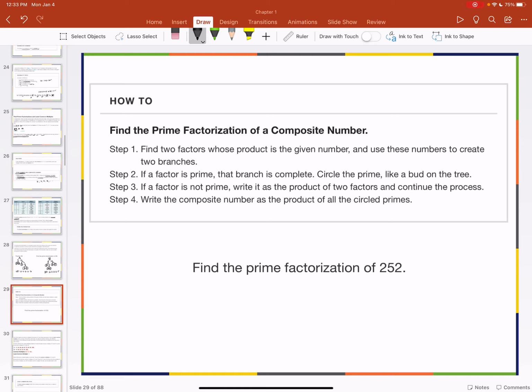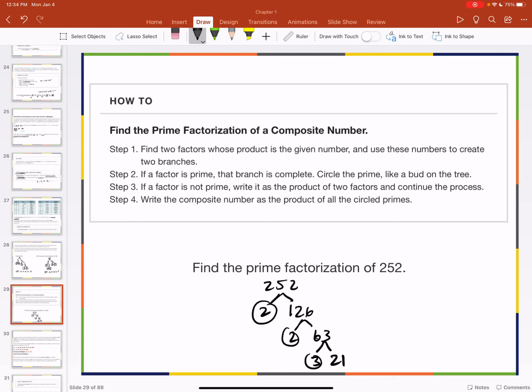Let's do 252. What's the prime factorization of 252? So 252 divided by 2 is 126. Divide that by 2, 63. 63 divided by 3 is 21.